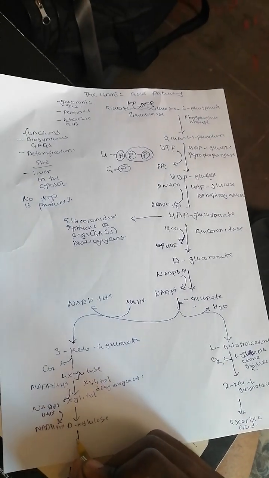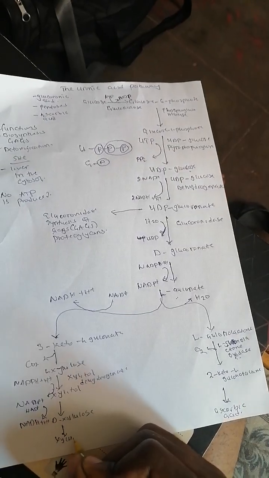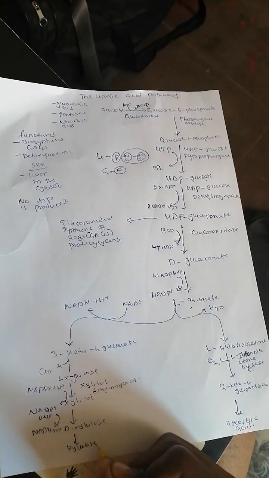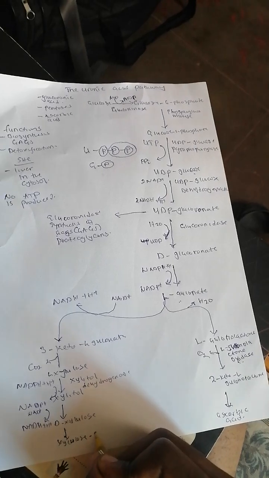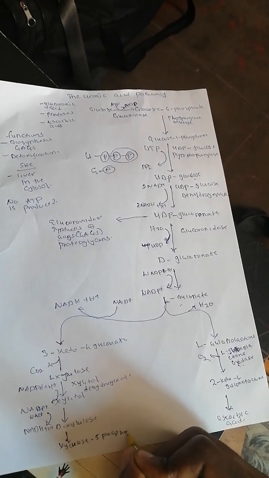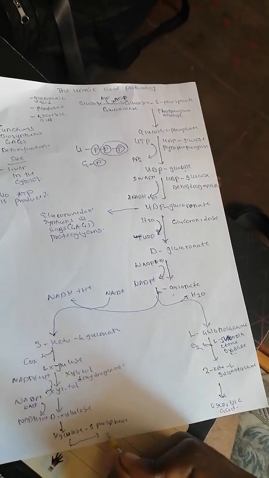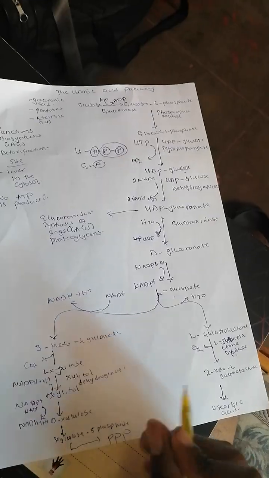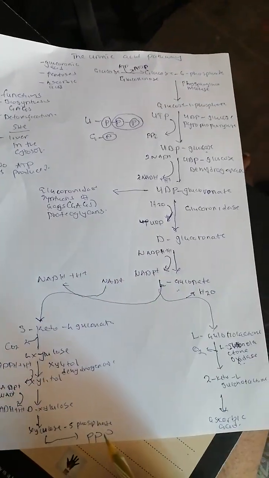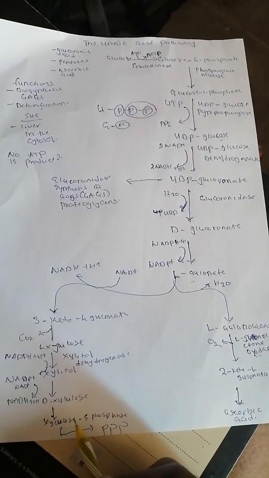Then it is later taken to xylulose 5-phosphate. Then this can go to the pentose phosphate pathway. And if you remember, in our previous video we were talking about the pentose phosphate pathway.